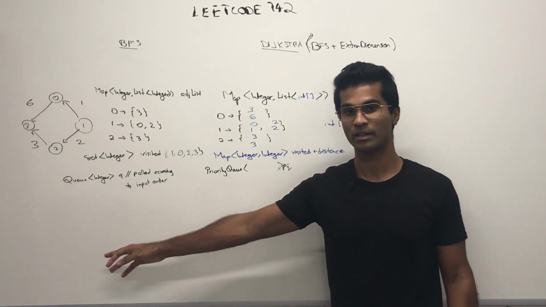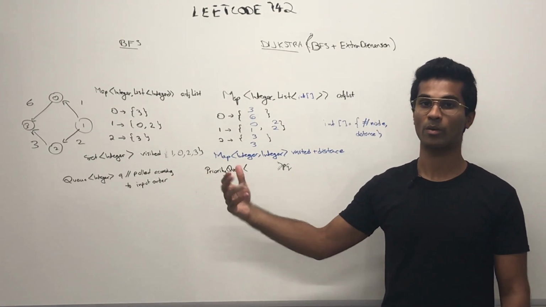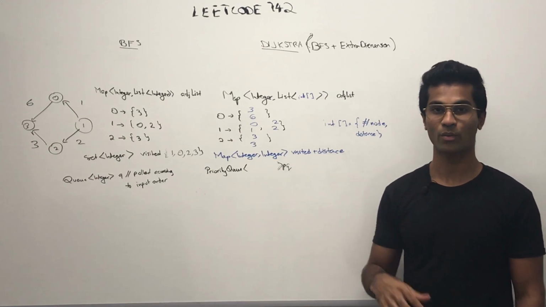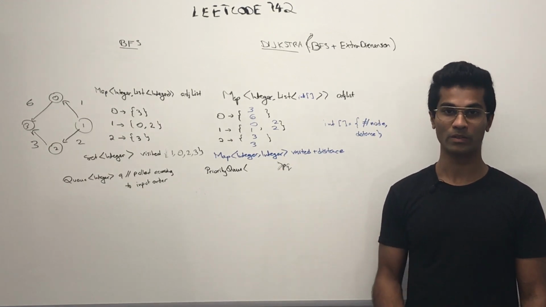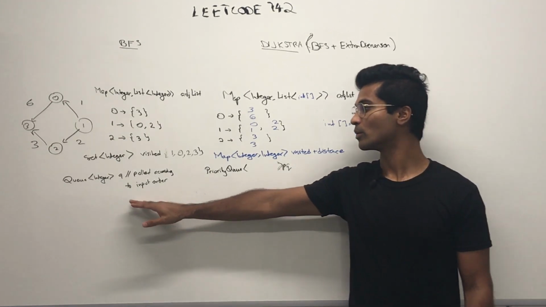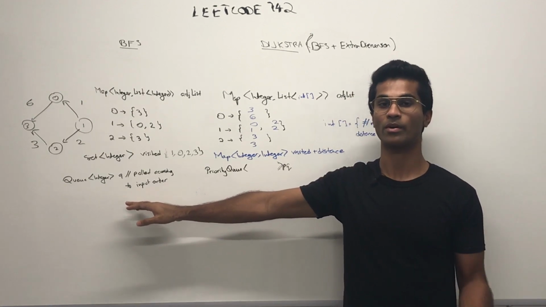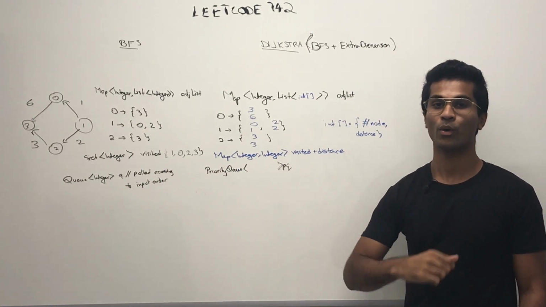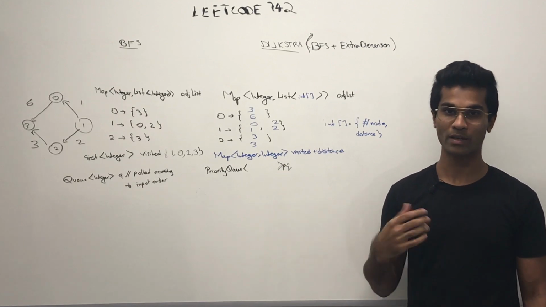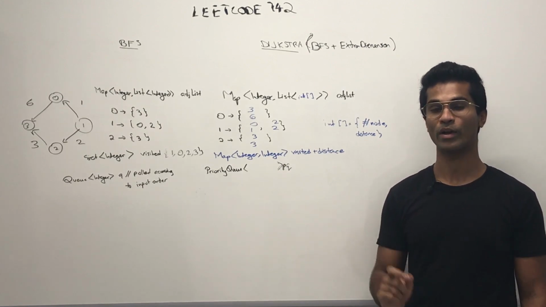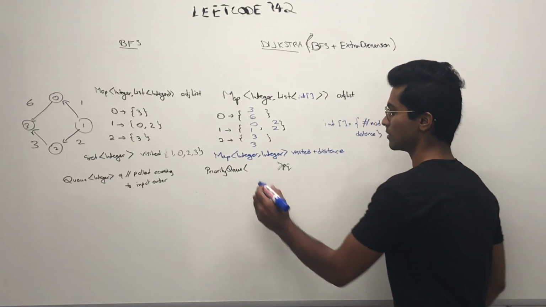Now for the last one. We usually use a standard queue in our BFS. When we're doing Dijkstra's, we use a priority queue. Why do we do that? Well, in a regular queue, we are going to pull in the order that we input. But for a priority queue, we are going to pull not in the order of the input, but according to the shortest distance.